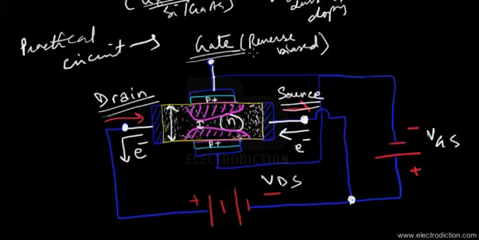So by controlling the reverse bias voltage on the gate terminal, we can control the amount of current flowing through the channel. That gives us a very important feature of the JFET: gate voltage controls the channel current. Due to this reason, it's also referred to as a voltage controlled resistor.